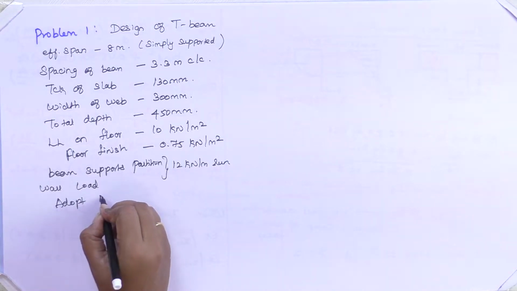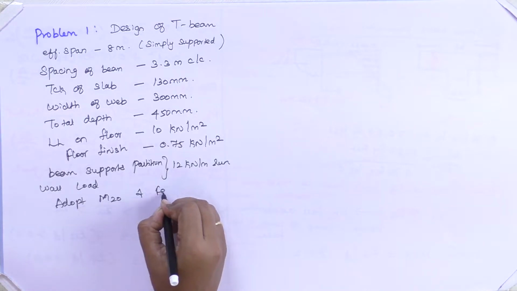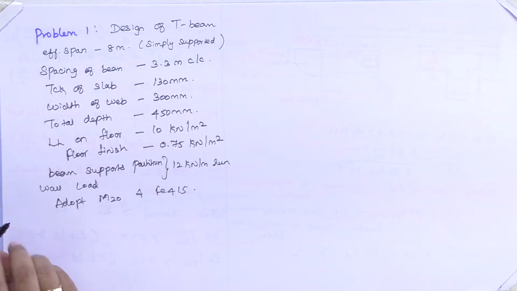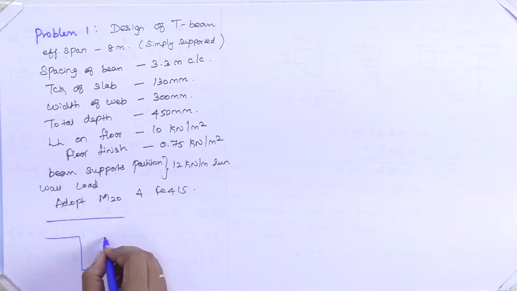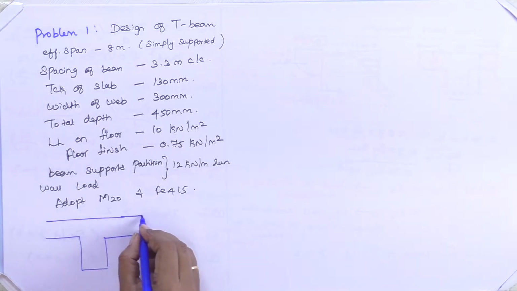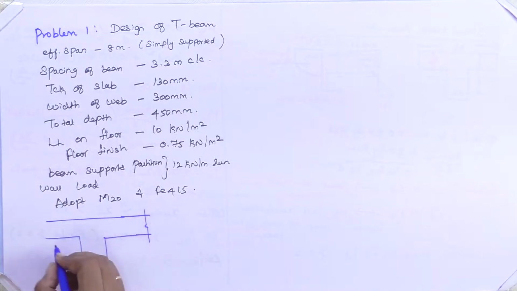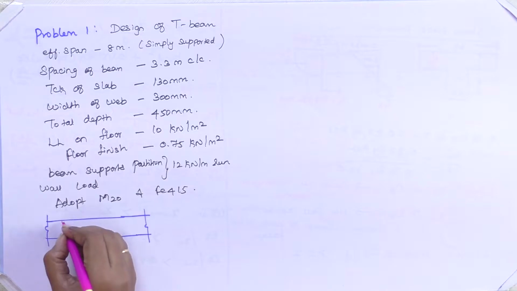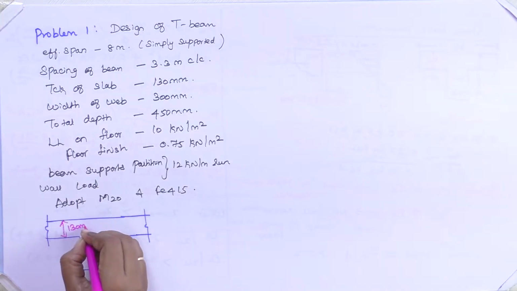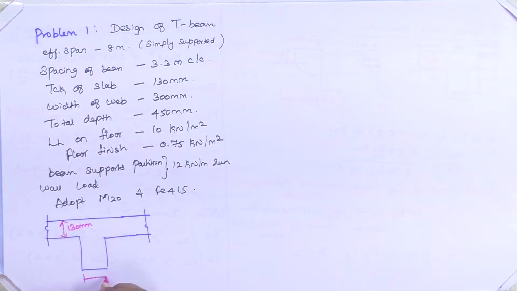Adopt M20 and Fe 415. These are the conditions. I'll quickly draw the diagrammatic representation of my problem. This is my 130 mm depth of slab. This is my 300 mm.